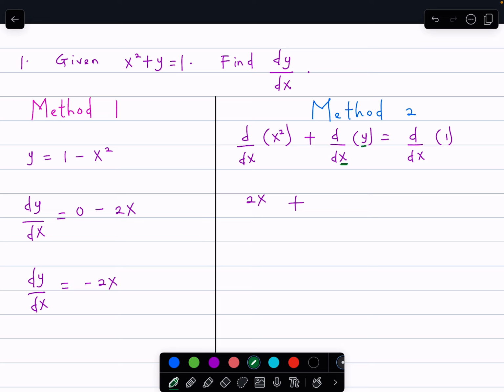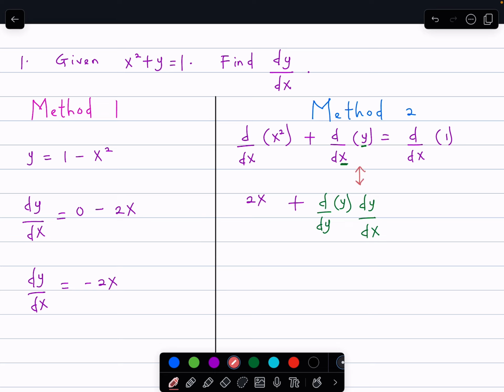So in order to match the variable, I can write d/dy of y times dy/dx. I'm going to explain this. This and this are exactly the same thing. How?